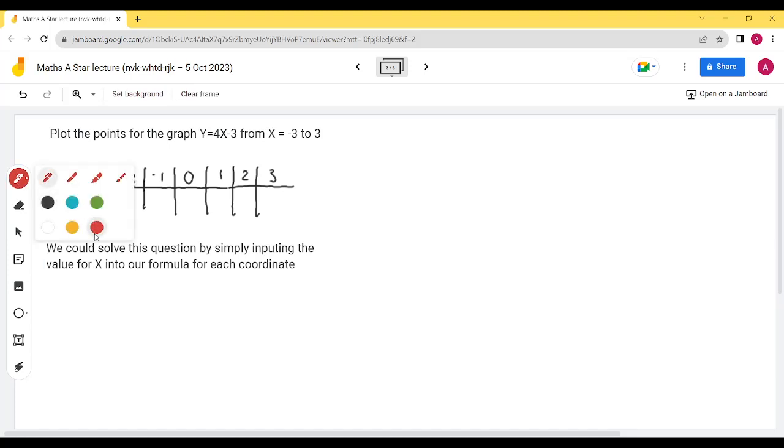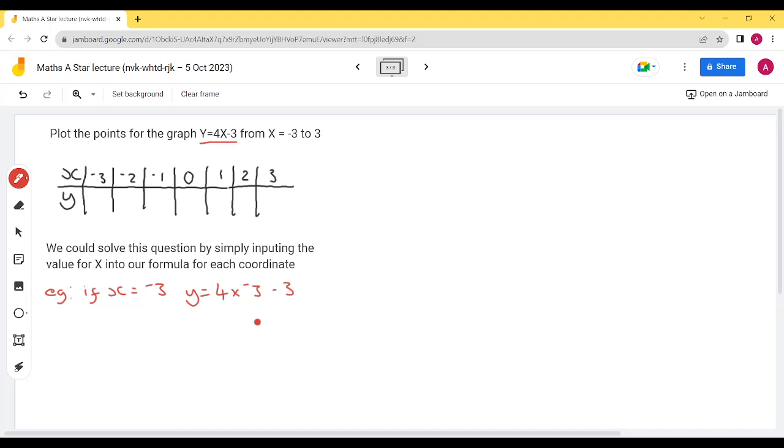E.g., if x equals minus 3, then we've got our equation here, so we can say y equals 4 times minus 3. And remember, whenever you've got a number and letter together in algebra, it means multiply. It's 4 times x, 4 times minus 3, take 3.